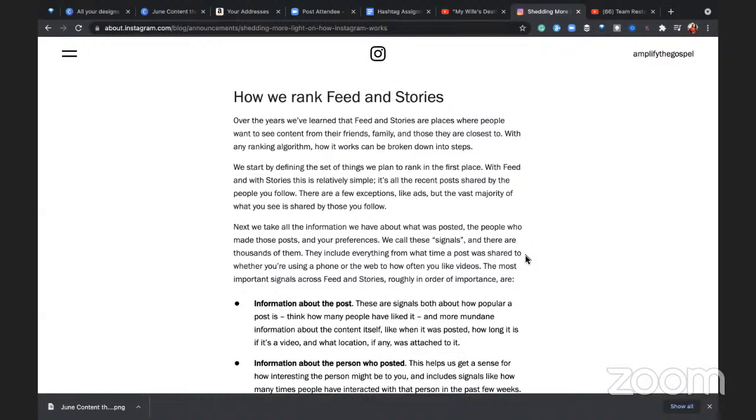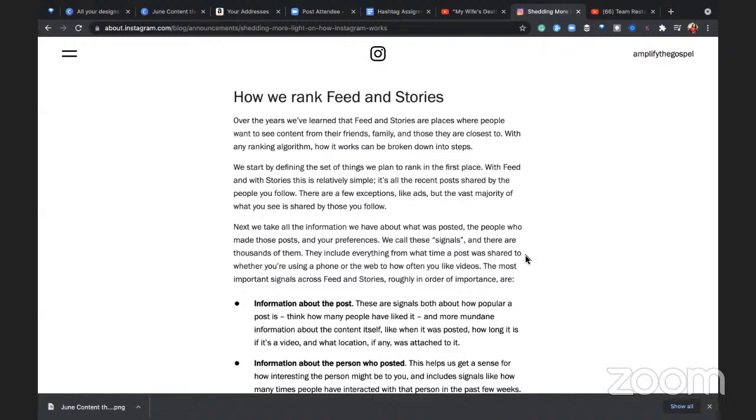Next, we take all the information we have about what was posted, the people who made those posts, and your preferences. We call these signals, and there are thousands of them. They include everything from what time a post was shared, to whether you're using a phone or the web, to how often you like videos.